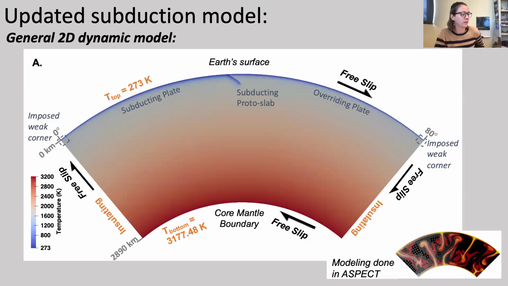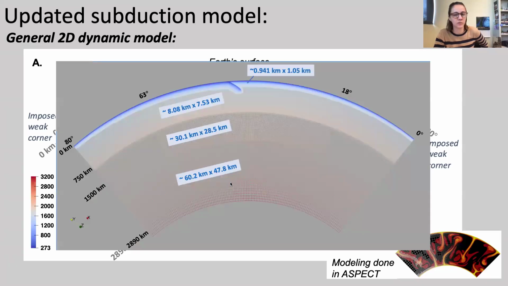And what I'm modeling is just a 2D domain, so a slice through the mantle that goes from Earth's surface all the way down to the core-mantle boundary. It is a finite element model. So the mesh that I am solving a series of equations on looks like this, where I have very fine mesh, about a kilometer scale, within the lithosphere, and then I have a coarser mesh down in the mantle.